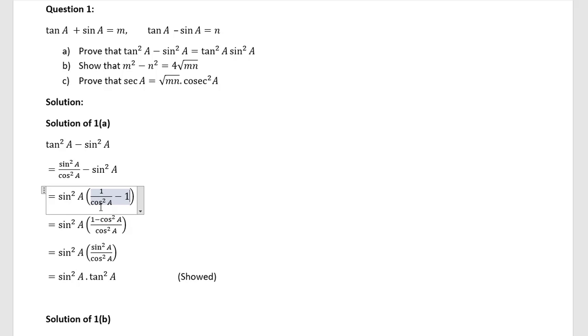Now 1 by cos square a minus 1, you can write it like this, equal to sin square a into sec square a minus 1, equal to sin square a into tan square a.